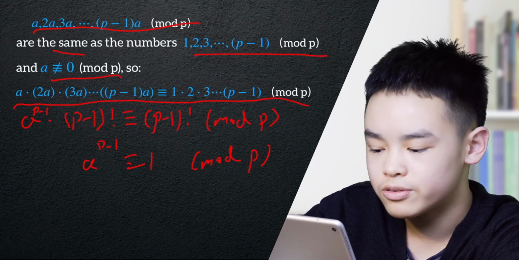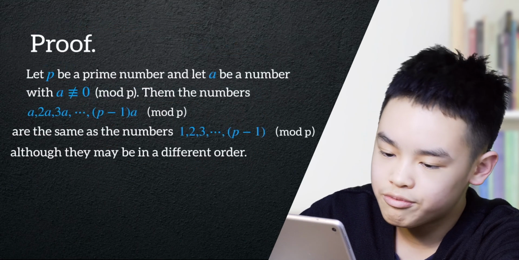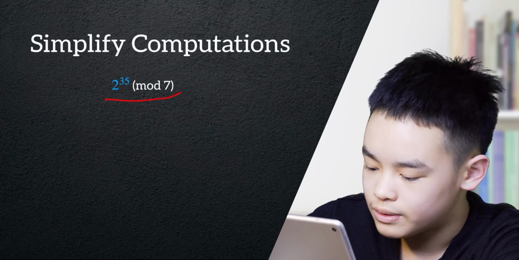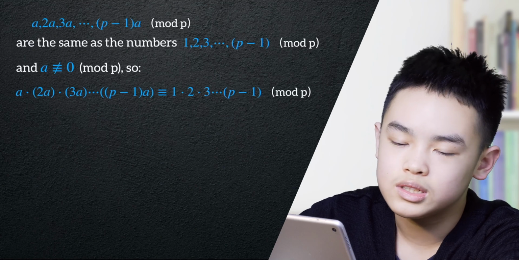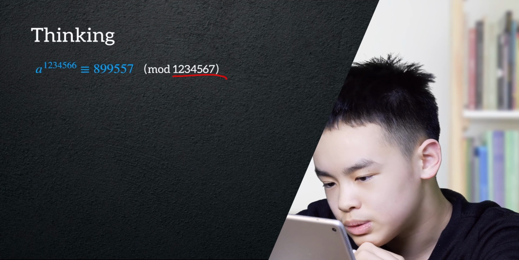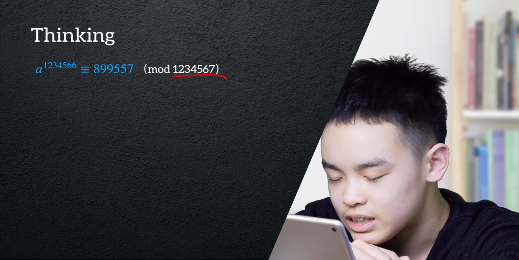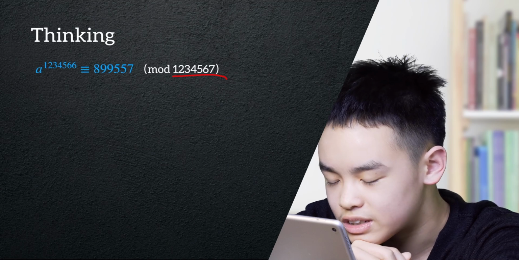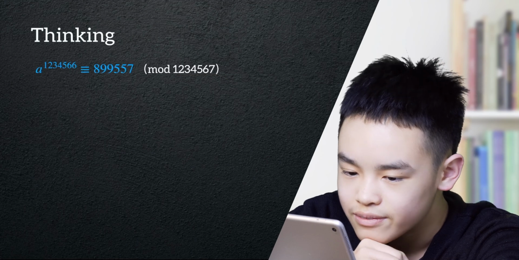So that finished the proof, and we had a very tiny example, and we had also proved the little theorem. Now we're going to get to a big guy, and it's 1, 2, 3, 4, 5, 6, 7. I think it's 1,234,567. I think that's how you pronounce it, right?